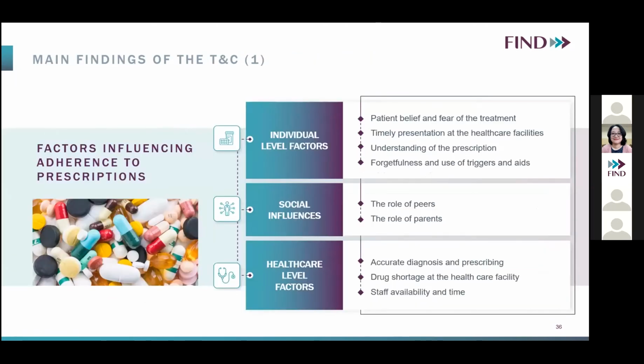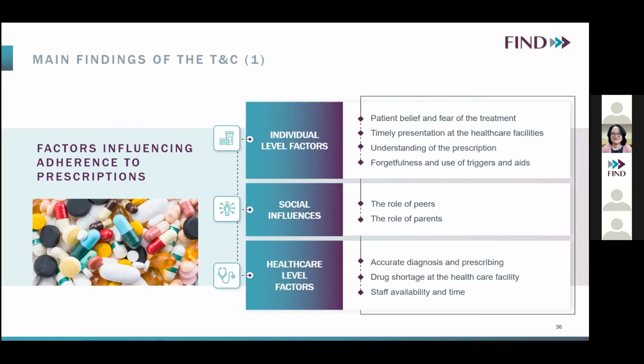The main findings of the pre-implementation period on the factors that can influence adherence to the prescription are summarized in this slide. The individual factors are patient beliefs and also the fear of the treatment. Another point that can influence adherence is timely presentation at the healthcare facility, because patients sometimes come late.